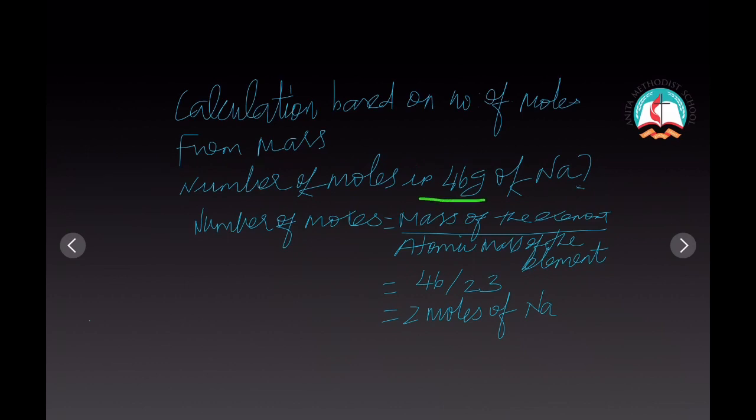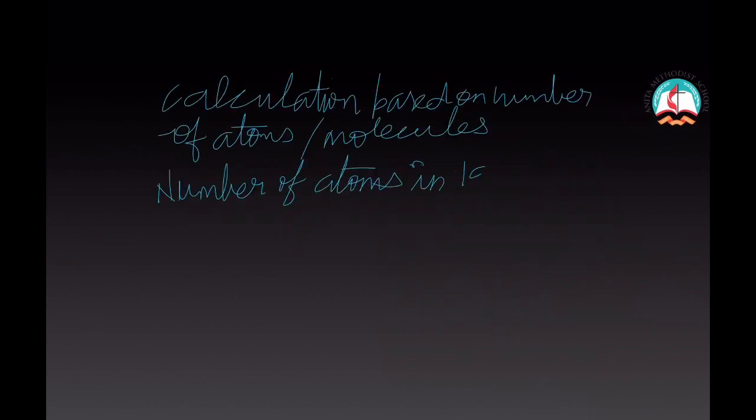The formula is mass of the element divided by atomic mass of the element. This is to find number of moles if the mass is given. So we are going to find number of moles for sodium atom. The mass is 46 gram and atomic mass of sodium is 23. If we divide this, you will get 2 moles of sodium.